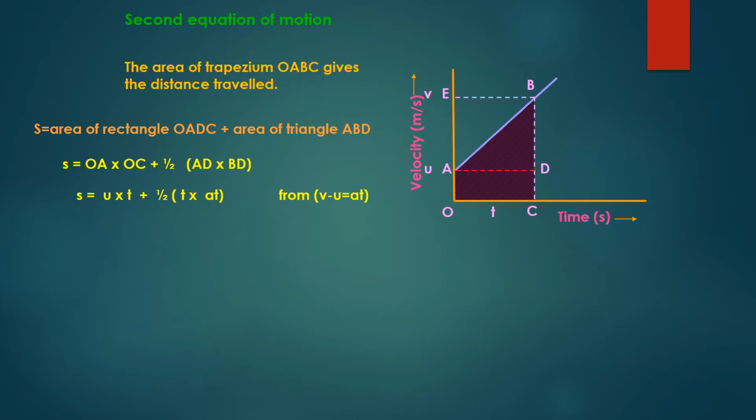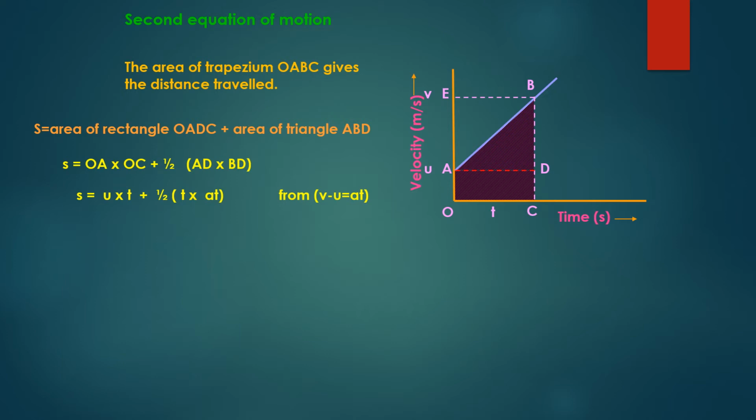BD is rewritten as at from the equation v minus u is equal to at. BD is same as AE, which is v minus u, that is final velocity minus initial velocity.